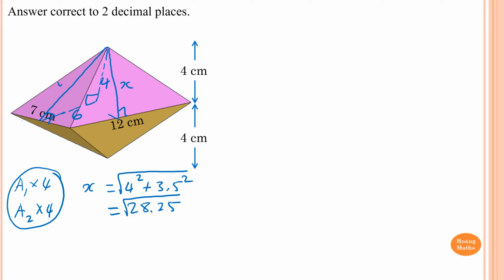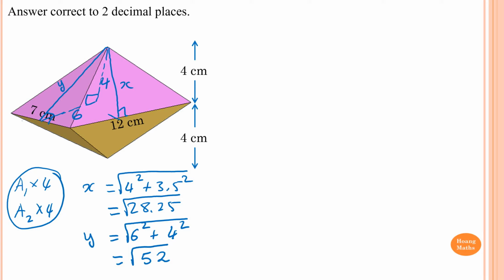I just label this as y. So now y is equal to the square root of 6 squared plus 4 squared. I put it in the calculator, which gives me 52. 6 squared plus 4 squared is 52. But I write it in surd form, so I just write the square root of 52 first. Now the rest are simple.